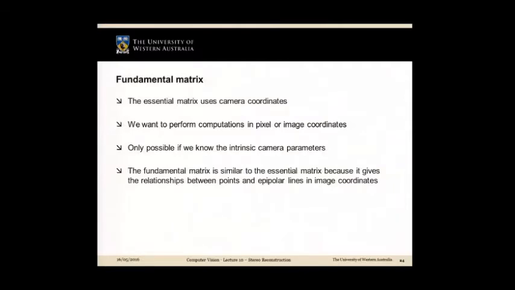The fundamental matrix is similar to the essential matrix because it gives the relationship between points and epipolar lines, but in image coordinates. So instead of camera coordinates, now you have a fundamental matrix that gives you all the information in the image coordinates, in terms of pixels, not in terms of real world coordinates, right?